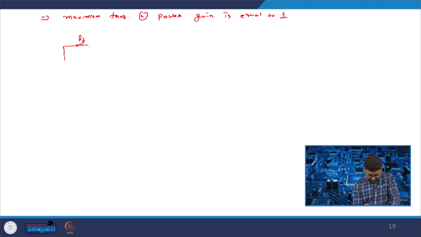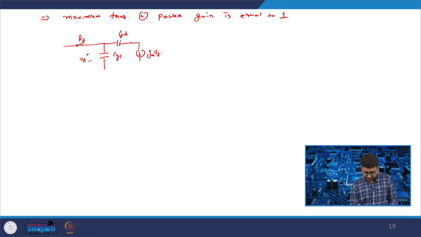There is a RG, then this is the CGS capacitor, there is a voltage drop VGS, then the CGD capacitor, and this is the current GM into VGS, this is RO, the output impedance.